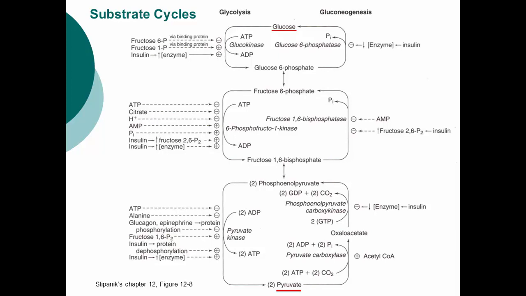For example, fructose 1-phosphate stimulates glucokinase, so it can increase glycolysis activities. And fructose 6-phosphate basically inhibits glucokinase, so it slows down glycolysis, right? And insulin basically stimulates glucokinase and so increases glycolysis.